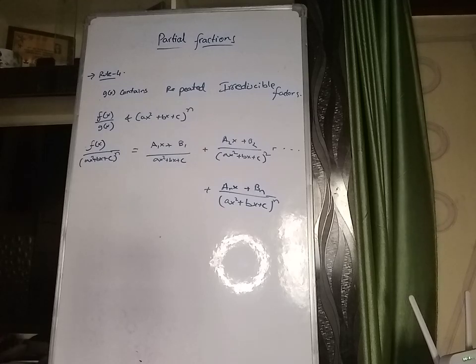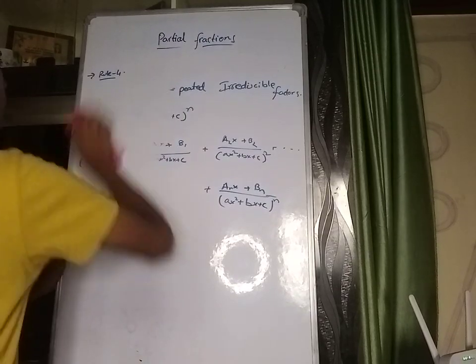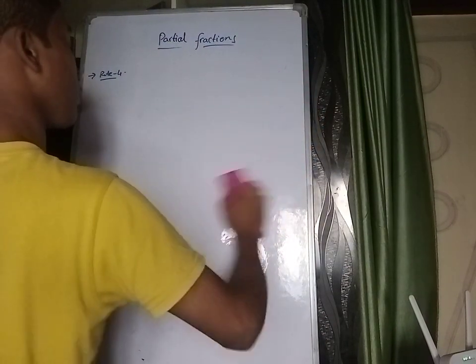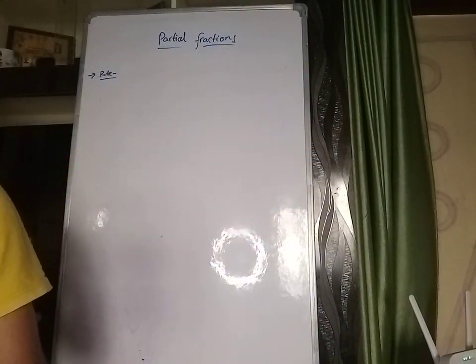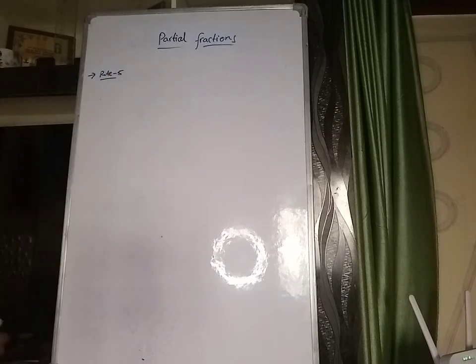Okay, now let's go to rule 5. So rule 5 is nothing but the partial fraction of f of x by g of x when f of x by g of x is an improper fraction.